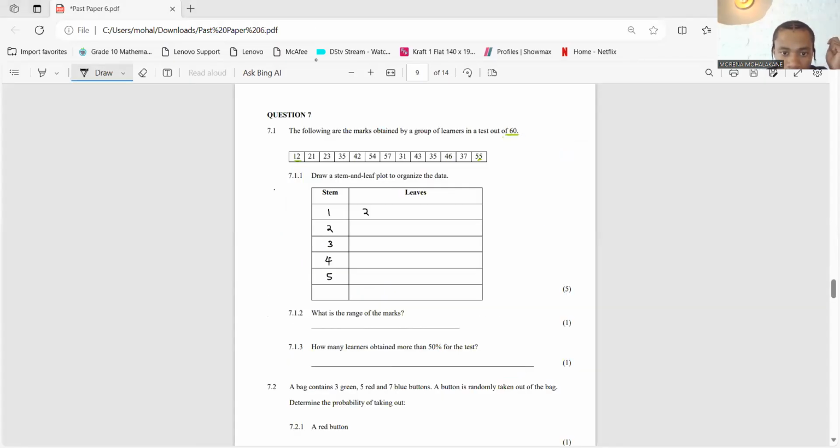For 20, you have 21, 23. Then for 30, you have 35. For 40, 52. For 50, you have 54, 57, and then 55.